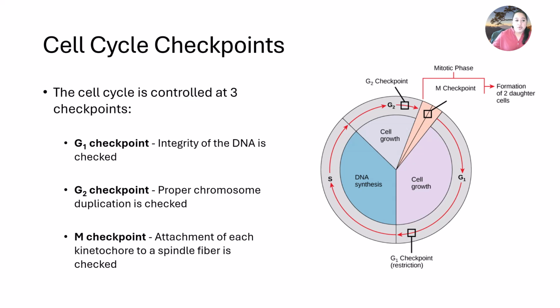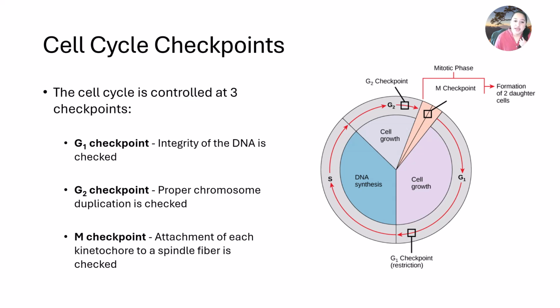So at the G1 checkpoint, it checks the integrity of the DNA. Is the DNA fine? There are no big mistakes, no huge chunks missing or things that are wrong. Okay, if it's fine, then it can proceed through the S phase to make more DNA synthesis.